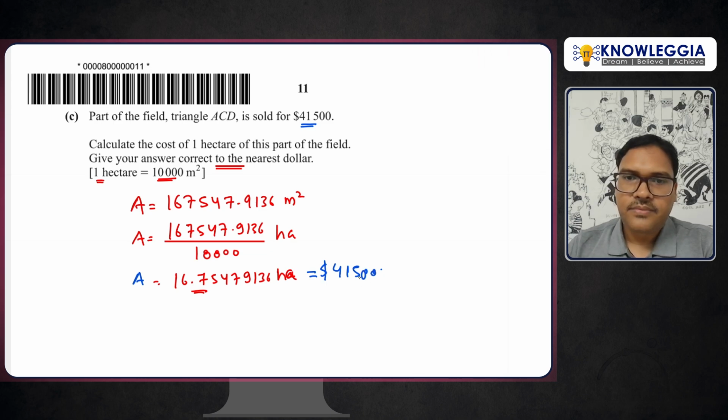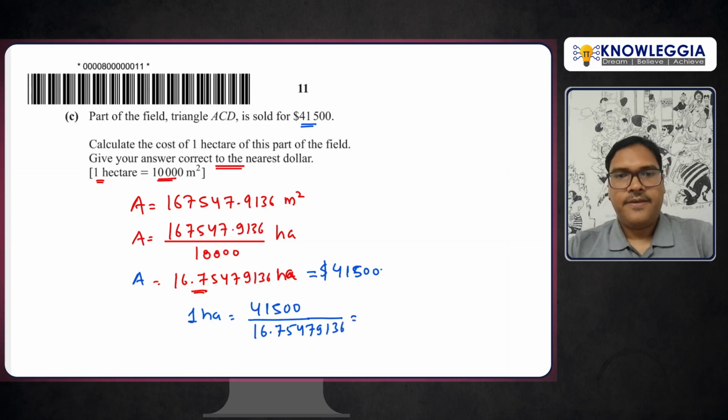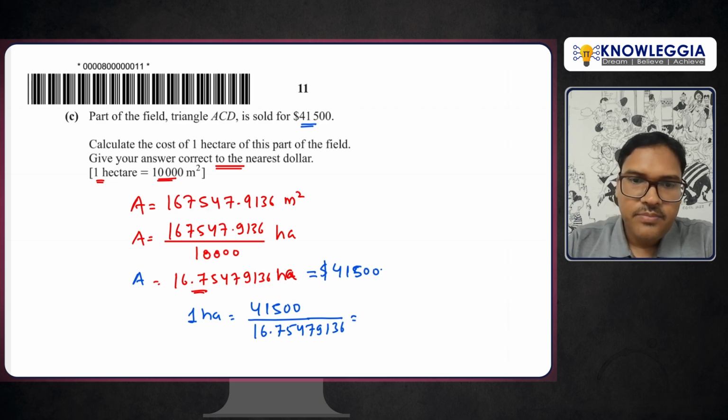Now the question is, what is the price of 1 hectare? So 1 hectare will be equal to 41,500 divided by 16.75479136.